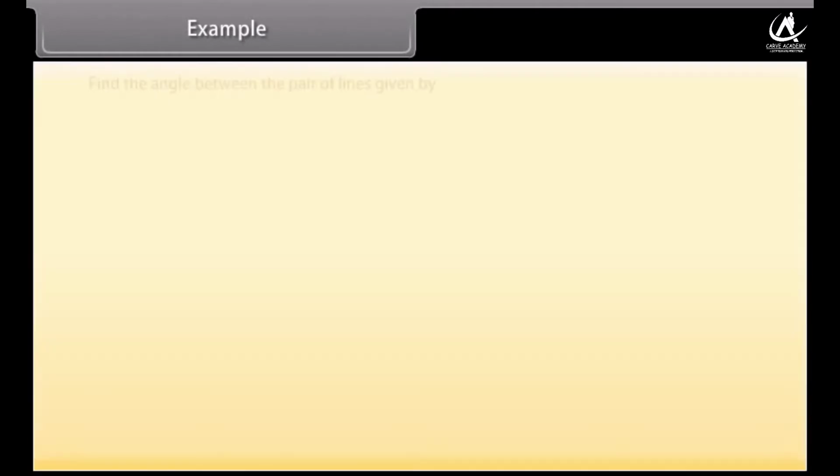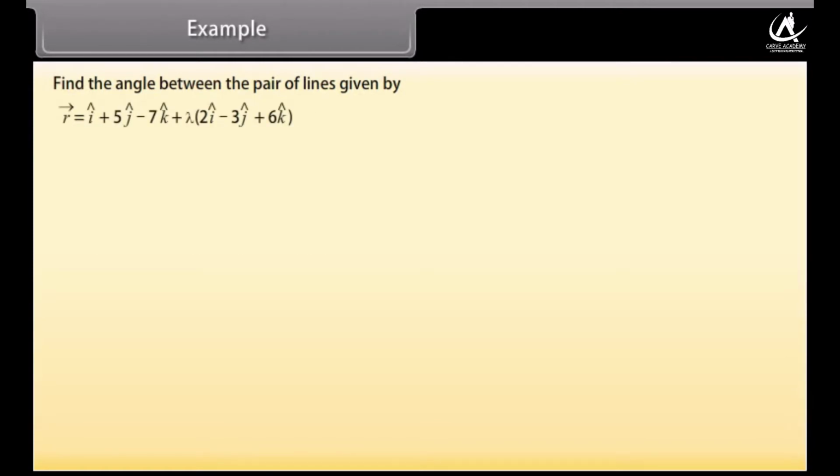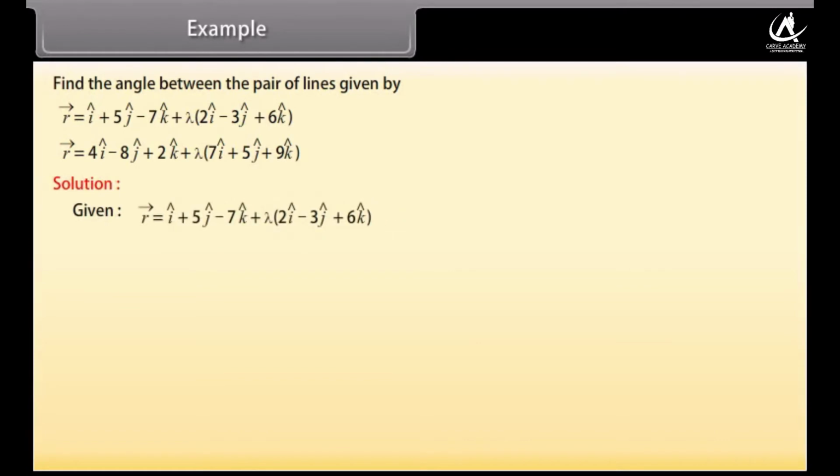Example. Find the angle between the pair of lines given by vector r equals i plus 5j minus 7k plus lambda (2i minus 3j plus 6k), and vector r equals 4i minus 8j plus 2k plus lambda (7i plus 5j plus 9k). Solution. Given vector r equals i plus 5j minus 7k plus lambda (2i minus 3j plus 6k).